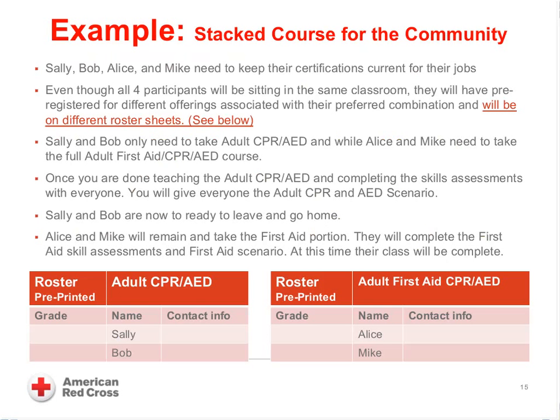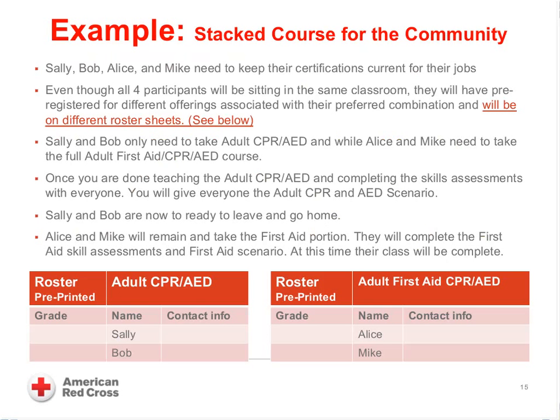Sally and Bob will take adult CPR AED, and Alice and Mike will need to take the full adult first aid CPR AED course. Once you're done teaching the adult CPR AED and completing the skill assessments for everyone, then you'll give the adult CPR AED scenario.